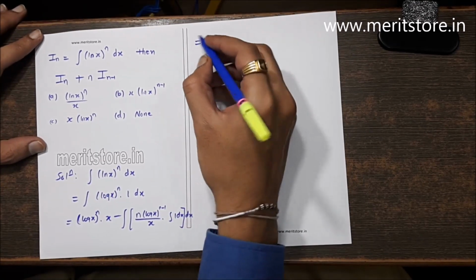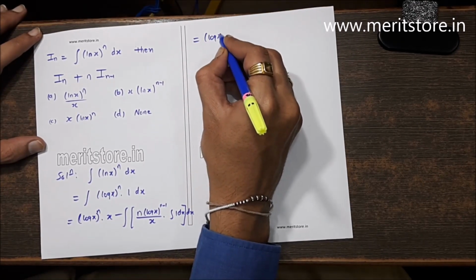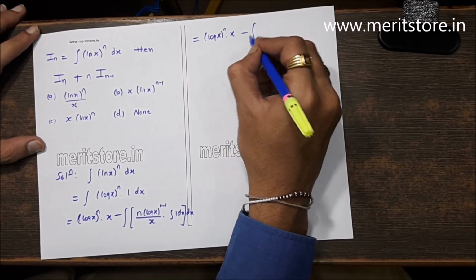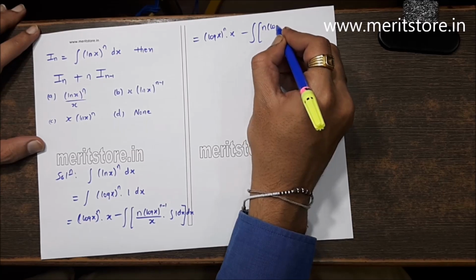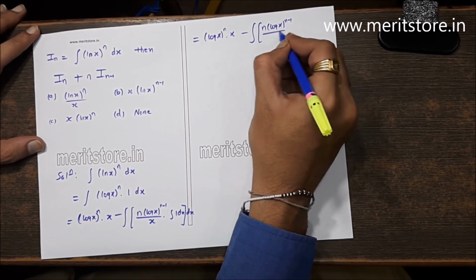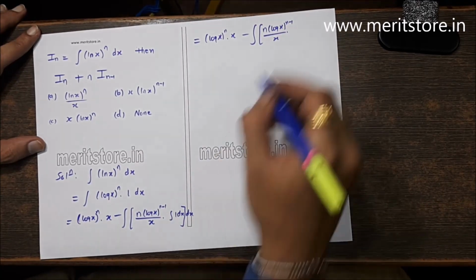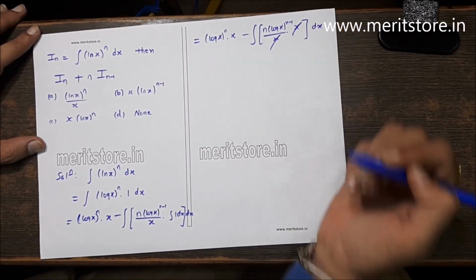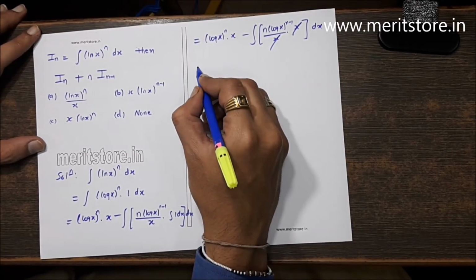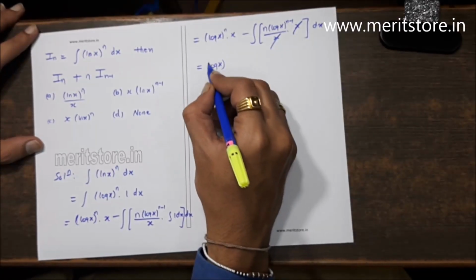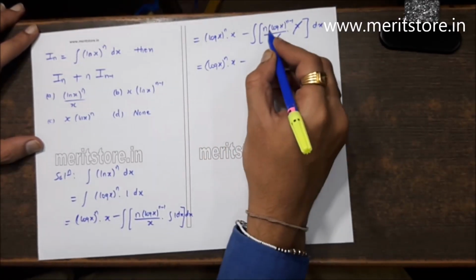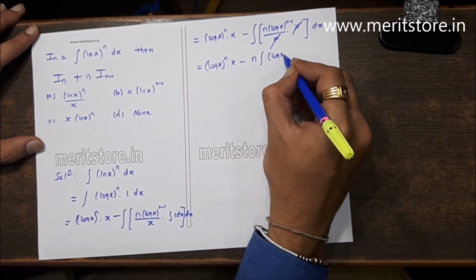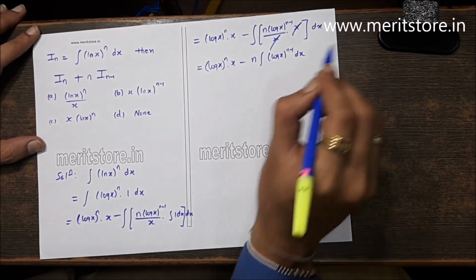Simplifying, we'll get this as log x raised to n into x minus integral of n log x raised to n minus 1 upon x into integral of 1, which is x dx. X and x will cancel off. Log x raised to n into x minus n is a constant, comes out, integral of log x raised to n minus 1 dx.